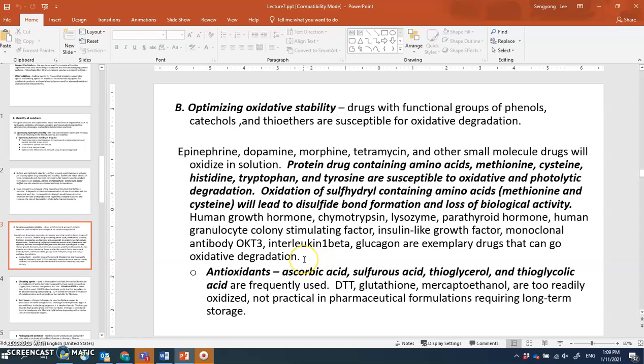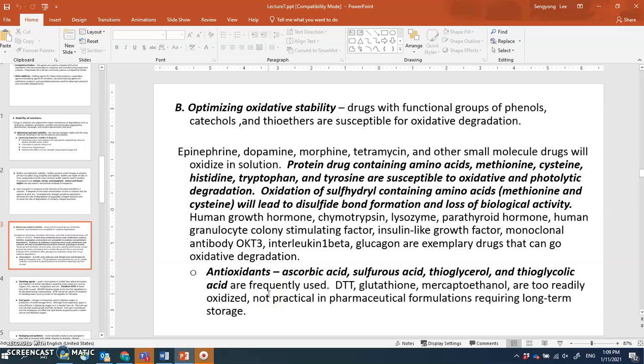So how do you prevent oxidation of your drug? By adding antioxidants. Ascorbic acid, sulfurous acid, thioglycerol, and thioglycolic acid are frequently used.